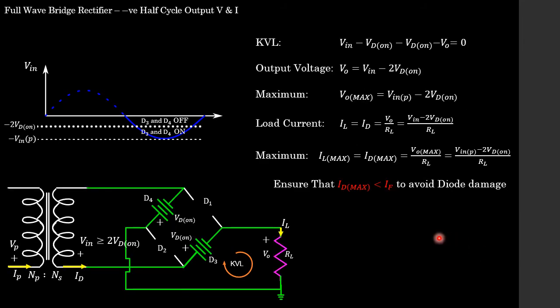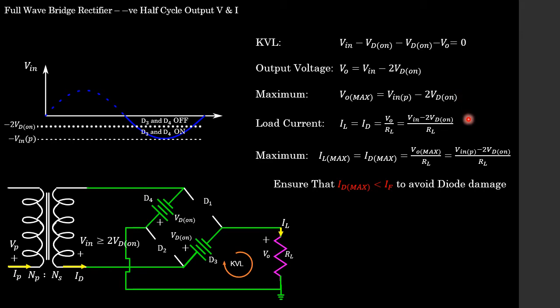Then, students, again exactly as we did in the positive half cycle, we looked at this second section, which is between 2 VD on and the peak of the input voltage. During this section, D3 and D4 are going to be on. If we perform a KVL analysis, exactly the same as the positive half cycle, we calculate our output voltage expression and the maximum output voltage expression, and as you can see, it's exactly the same as the positive half cycle.